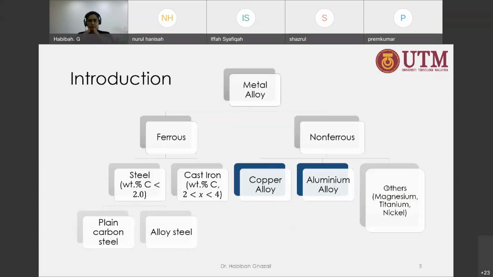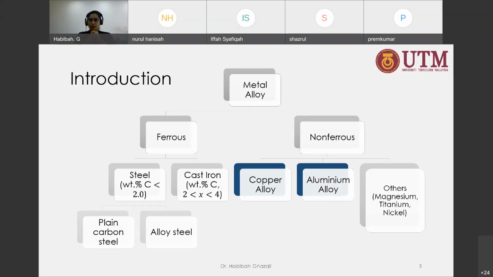As I explained in the previous lecture, we can classify metal into two classifications, which are ferrous and non-ferrous. We have finished our discussion on the ferrous metal. Ferrous metal is when the host material is iron. Those alloys with iron as the host, we call ferrous alloy.